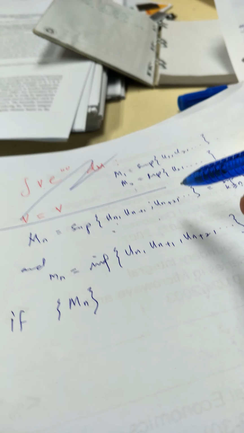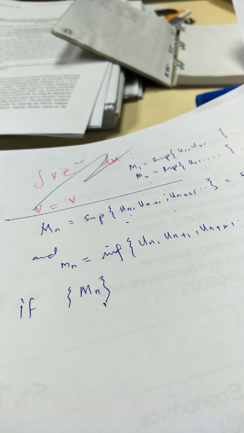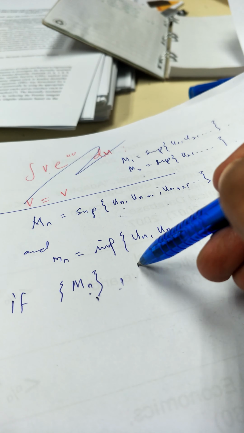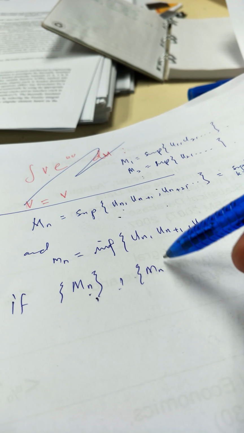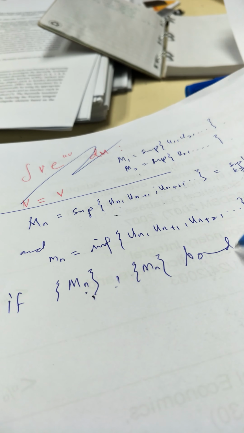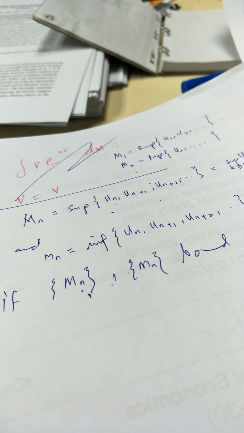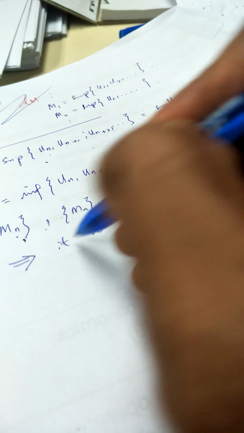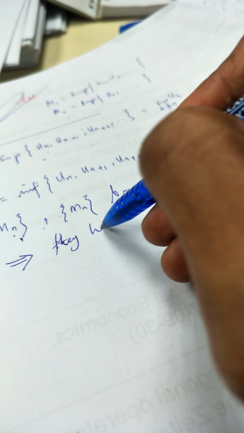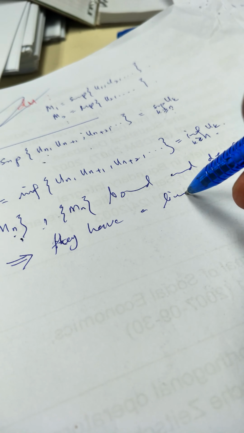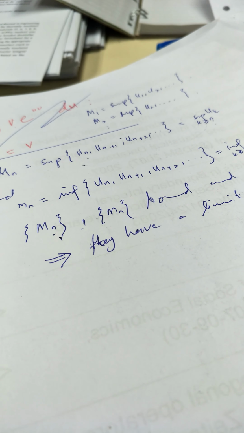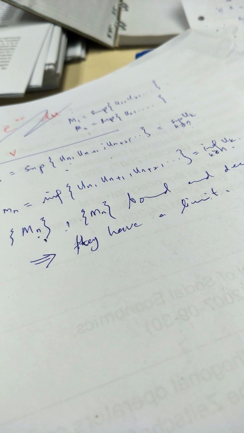So if M_n is bounded and decreasing, what does it mean? It means it has a limit, which means the limit exists.